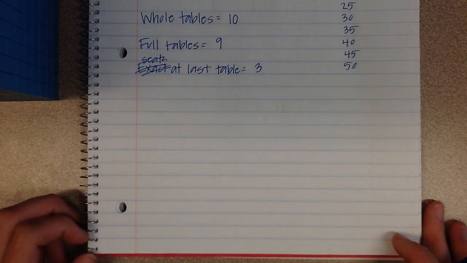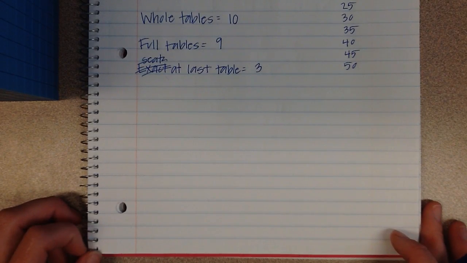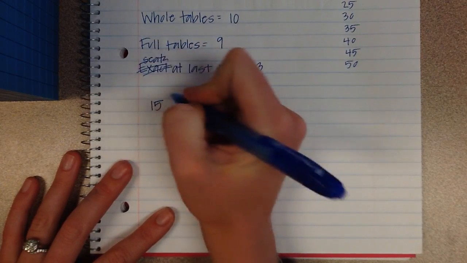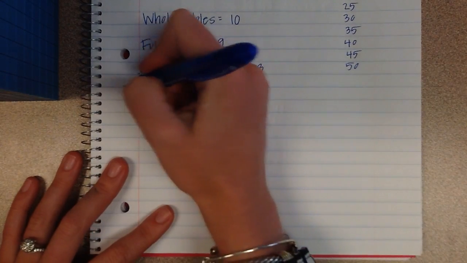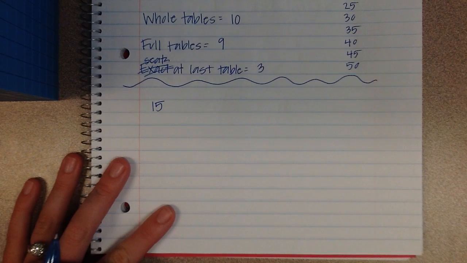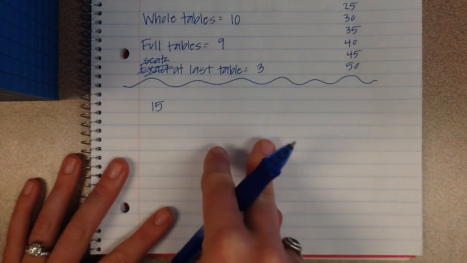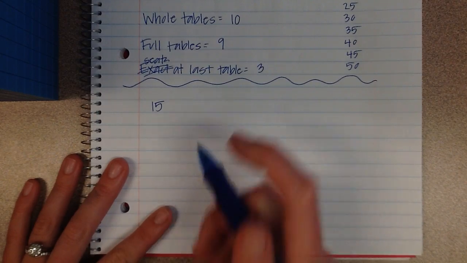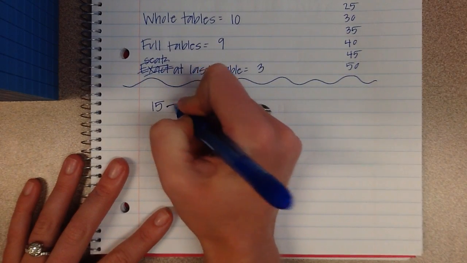Okay, the fair is coming to town soon. Say you're at the fair with 15 friends, and you are riding a ride that has two per row, okay, and say each row holds 2 people.